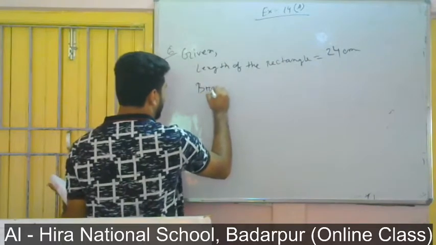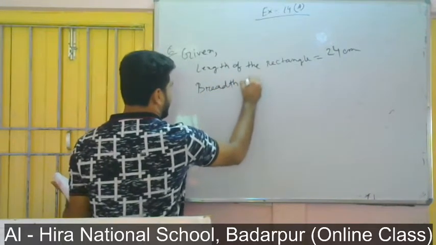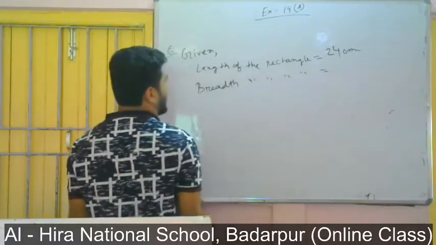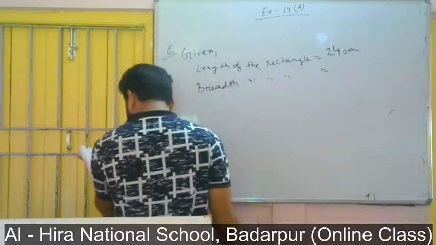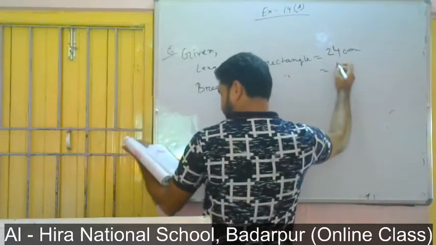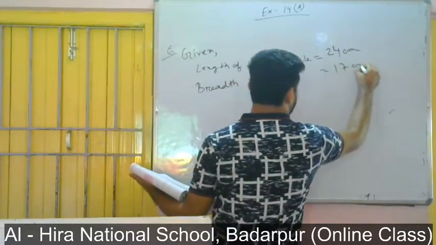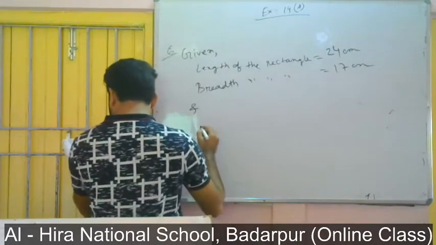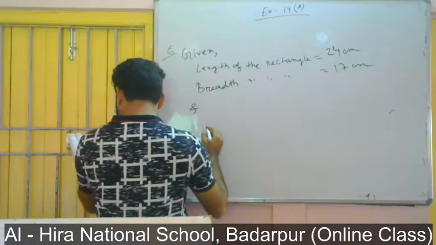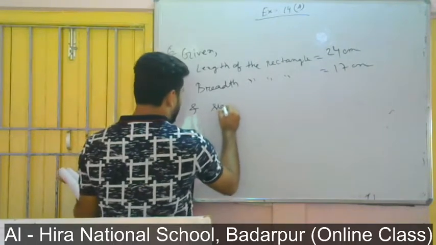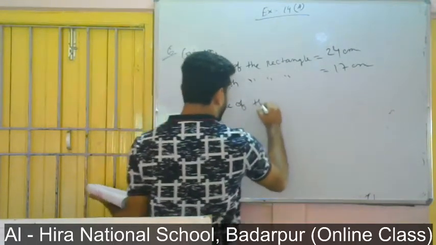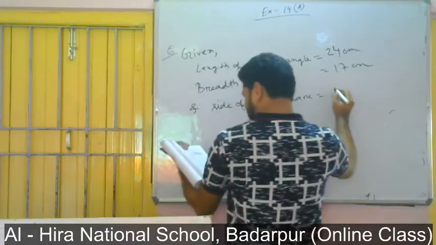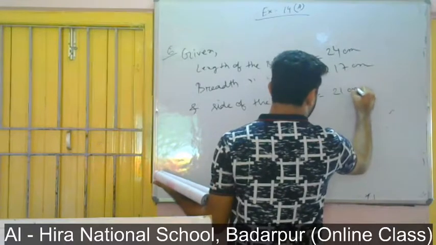Then breadth of the rectangle will be 17 centimeter. Okay. And side of the square is given 21 centimeter. Okay.